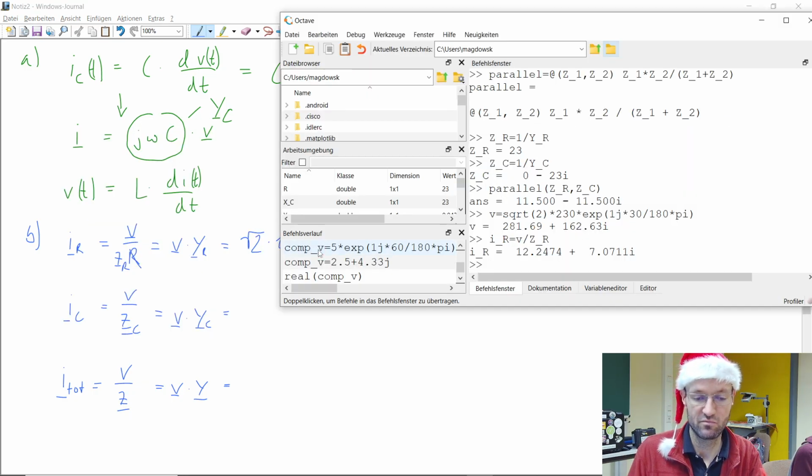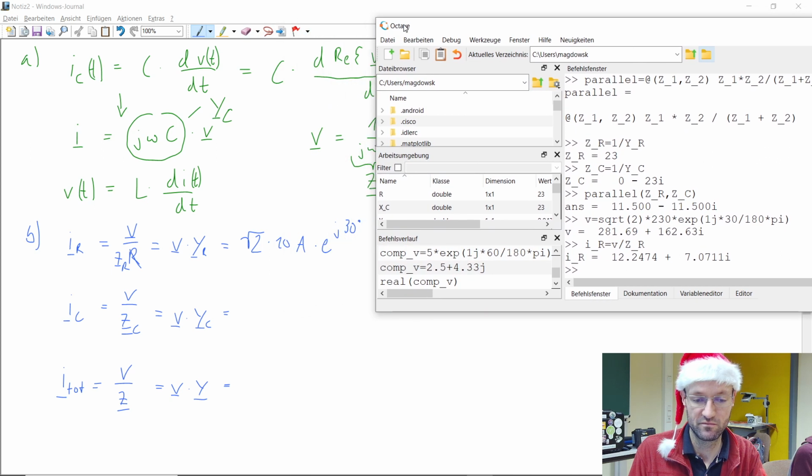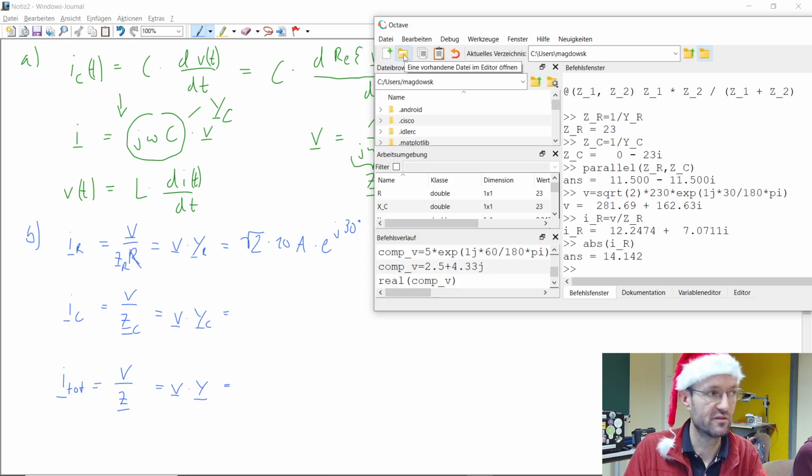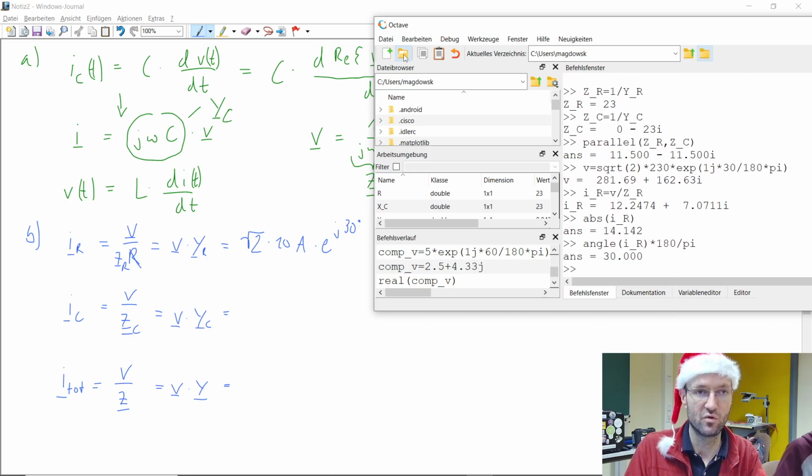And if we check what we have just calculated here, if I take the absolute value of this IR, then we get this square root of 2 times 10. And if I calculate the angle of this as we have done before, multiply with 180 divide by pi, then we get also the 30 degrees. So this perfectly makes sense.